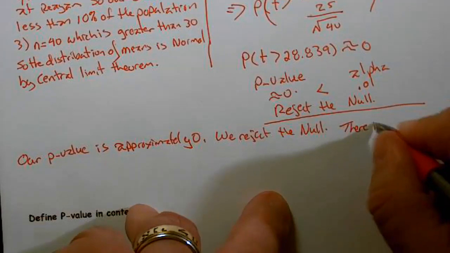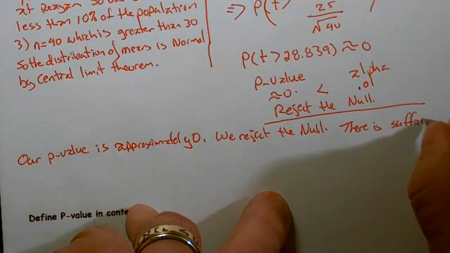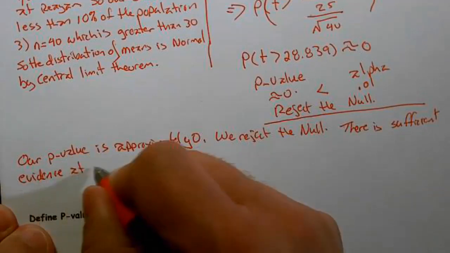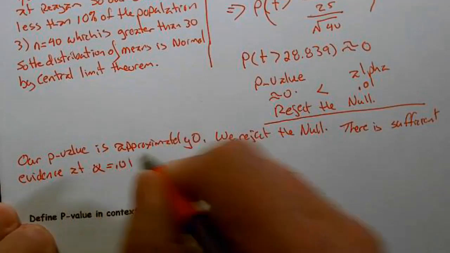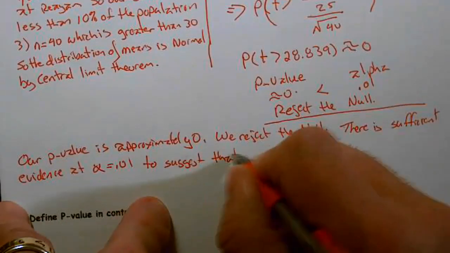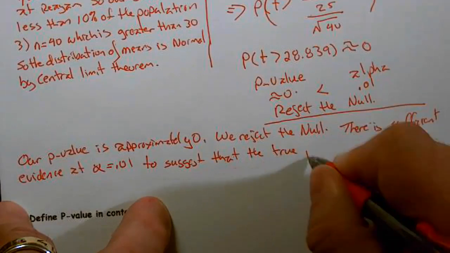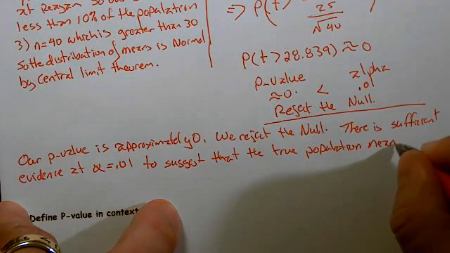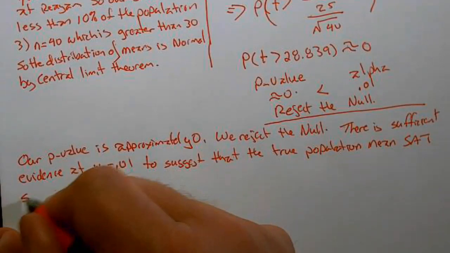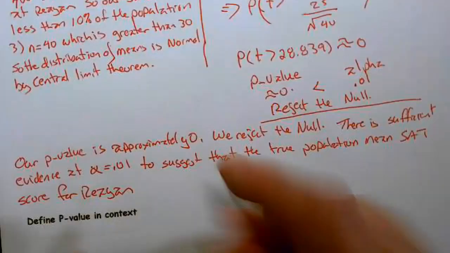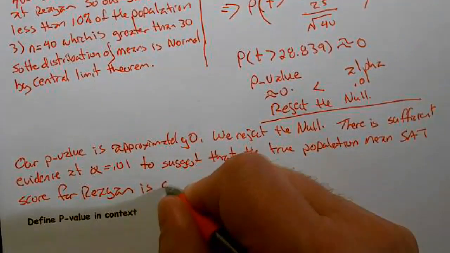There is sufficient evidence at alpha equal 0.01 to suggest that the true population mean SAT score for Reagan, and my alternative was greater than 1006, and that's all our claim is, greater than 1006.